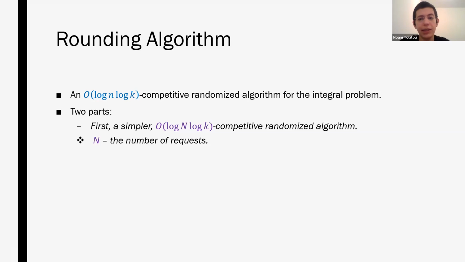And we're going to obtain this in two parts. First, we're going to show a simpler log N log k competitive algorithm. That is a log N loss in the rounding, where capital N is, again, the number of requests.